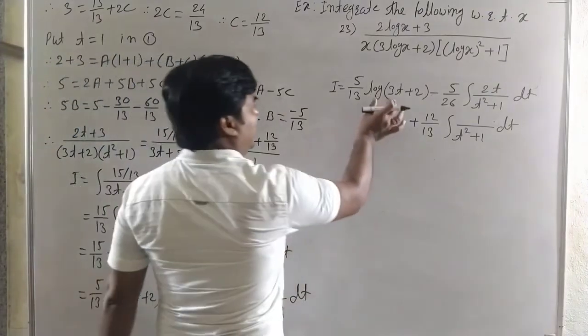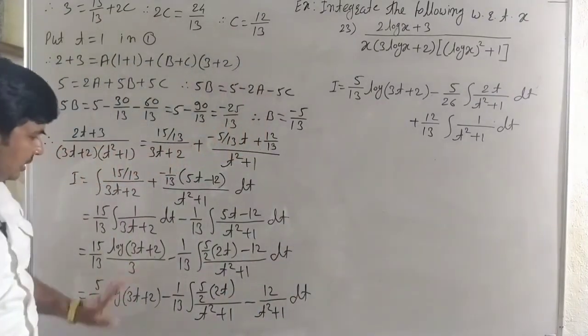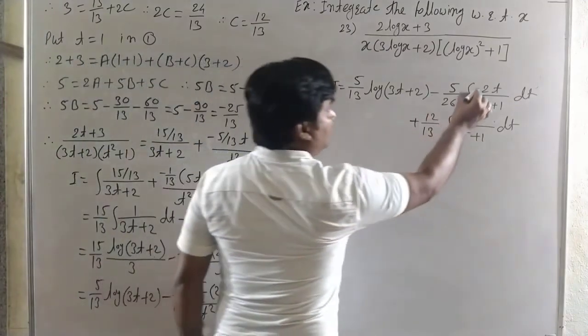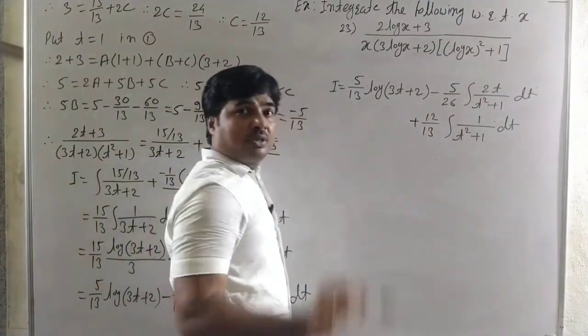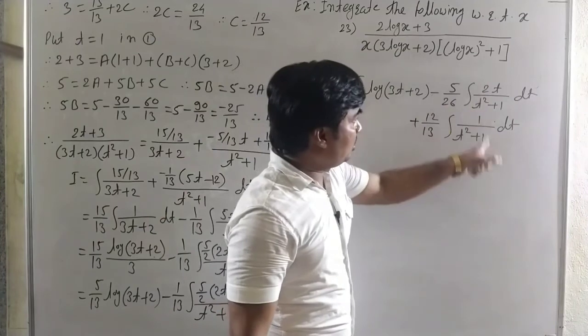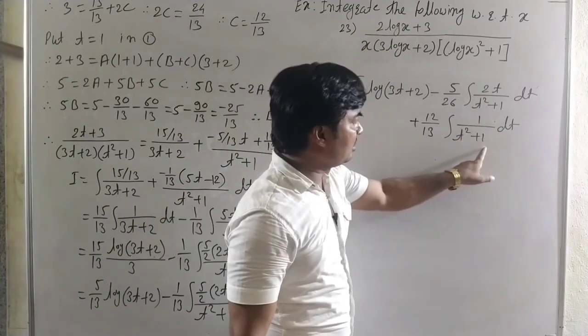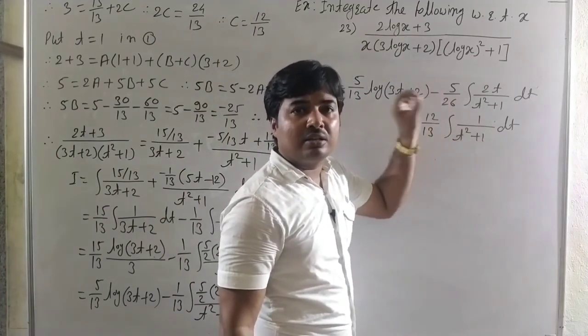Now this integral will be done. Here we can find the integral. Now the second one is f dash of x upon f of x, and the last is 1 upon t square plus 1. It is a standard integral, that is tan inverse t.